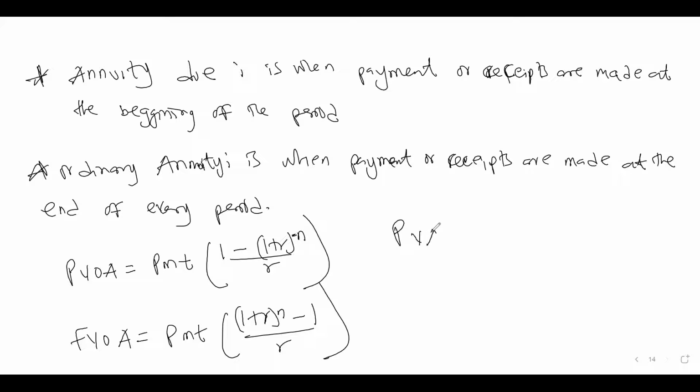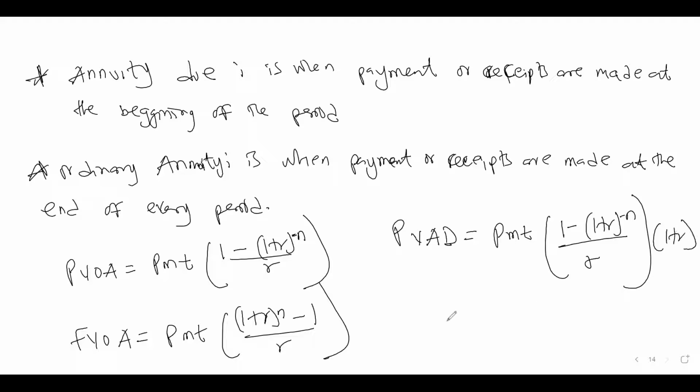The present value of annuity due is payment into bracket 1 minus 1 plus r raised to the power minus n, all over r, times 1 plus r.